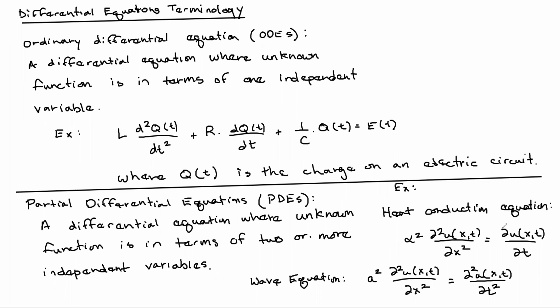So here we've got two independent variables, two inputs into our function. Here we have one input. One input is an ordinary differential equation. Two inputs is a partial differential equation. So this course is on ordinary differential equations. If you're interested in partial differential equations, then you'll have to take another course in differential equations.